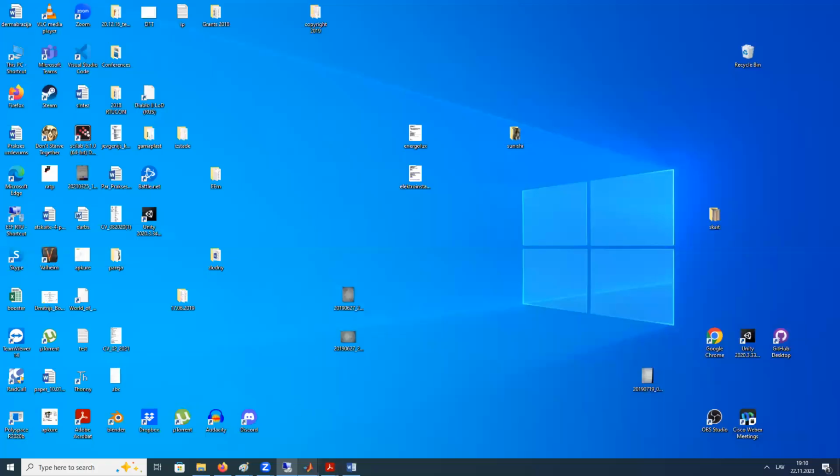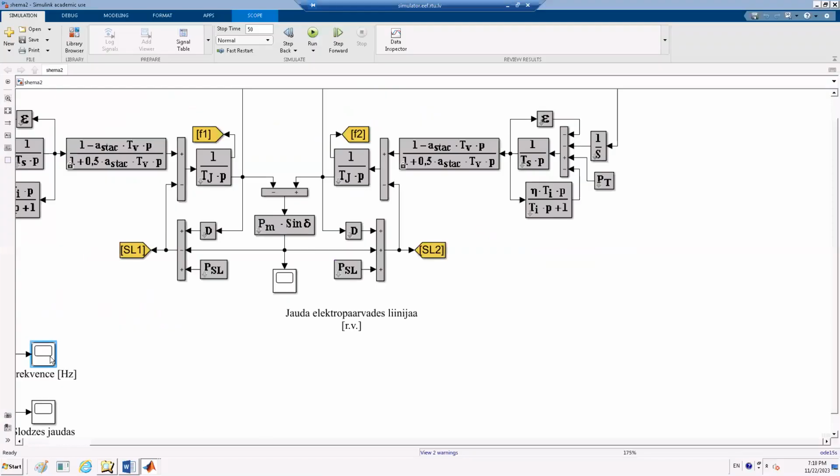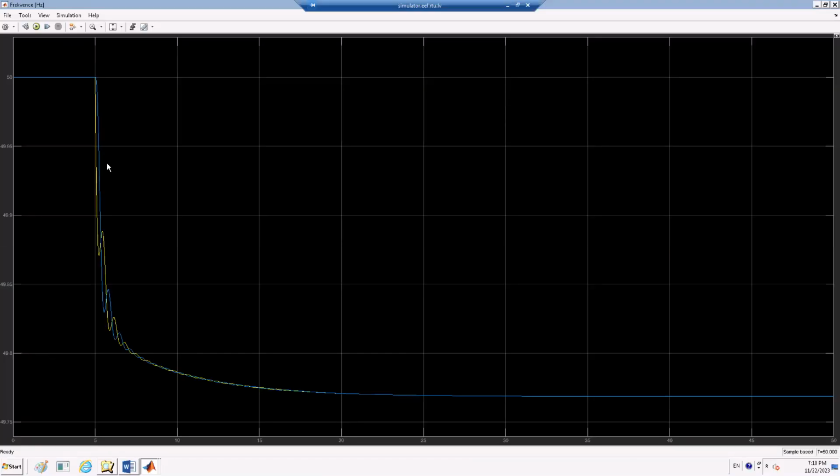So we measure frequency here and here. And here we see that the frequency in the power system, when something happens, is not similar. You see the difference in fluctuations.